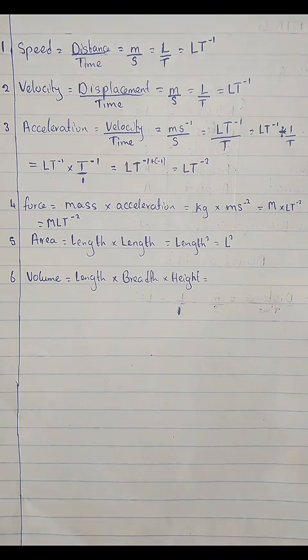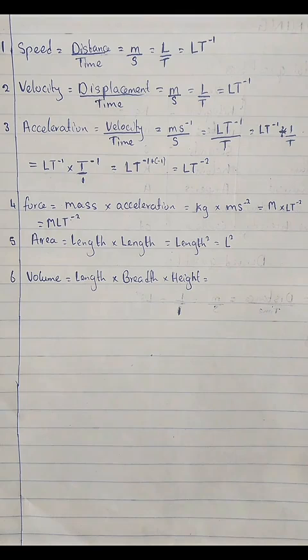We know that length is meters. Breadth, what is breadth? Breadth also means length. You're also finding how far. You can say breadth is the vertical length, and height also means how far, that is distance of something. It's also length.